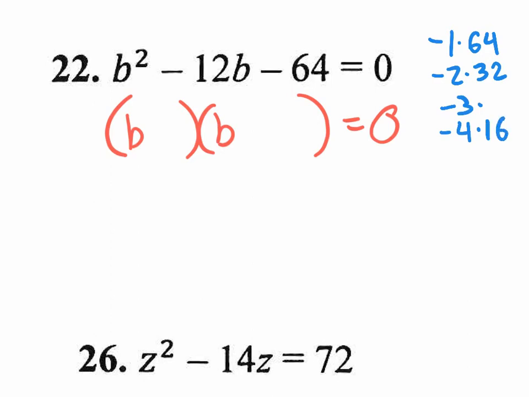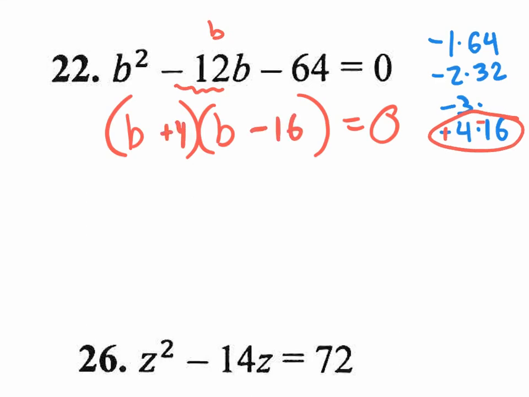On a calculator, go 64 divided by 4, it should be 16. Okay, and that's the correct combo right there. If we combine negative 4 and 16, we'll get 12. And we know we want it to be a negative 12. So all we have to do is change the signs. We have the right numbers, we just have the wrong signs. So plus 4 minus 16, plus 4 minus 16.